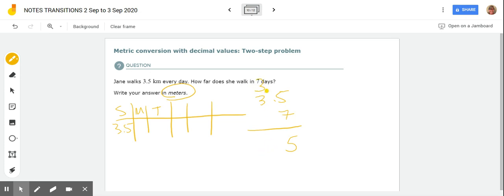21, 22, 23, 24. 1 decimal over, 24.5. But they want you to change it. This is kilometers, and they want you to go to meters. So for this conversion, you need to know that 1 kilometer, kilo meaning 1,000, is equal to 1,000 meters.